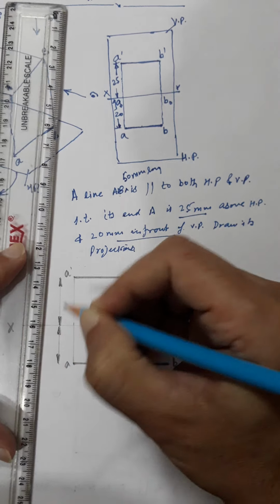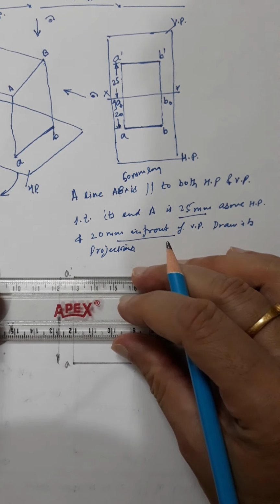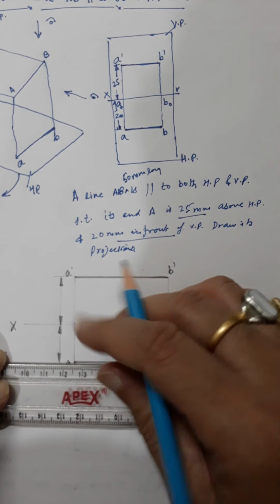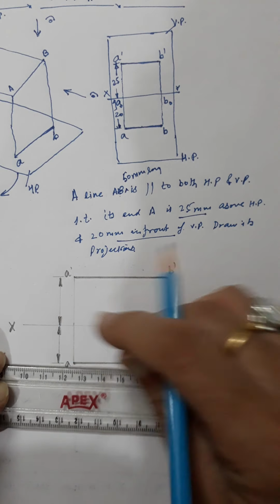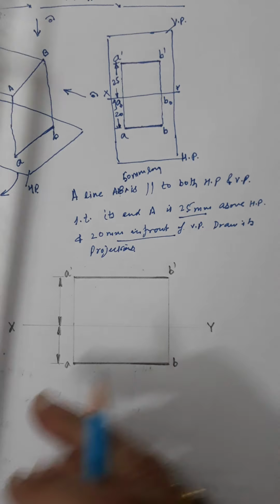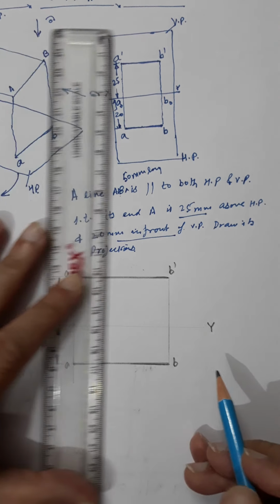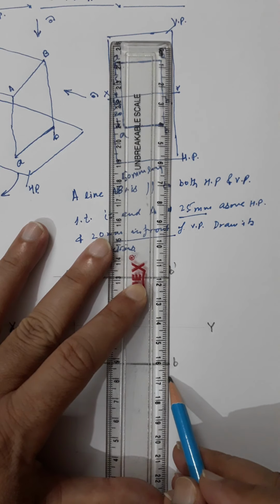And you can also add the extension line. And this length is 50. Length of the line is 50. So it is there in the statement.